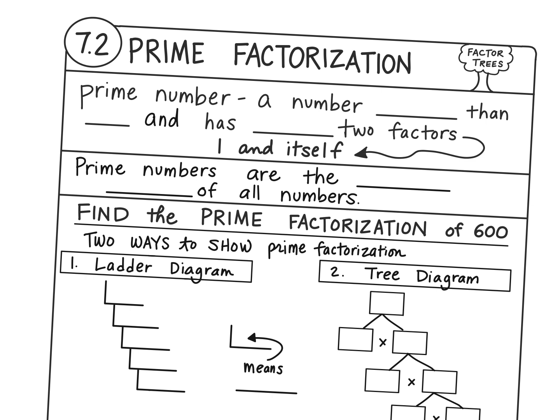So a prime number, again, is a number greater than 1 and has exactly 2 factors, one and itself. Prime numbers are the building blocks of all numbers.